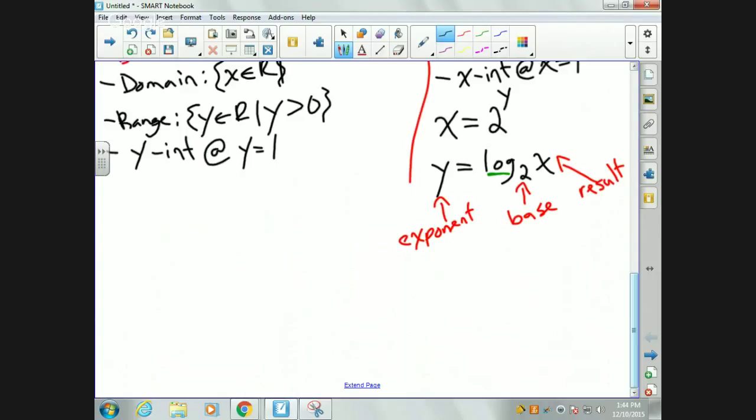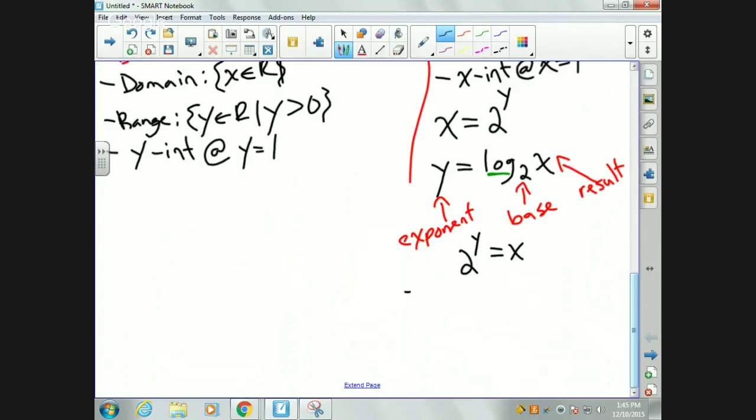I know that this particular notation is new to you, and it's going to take a little bit of time to get comfortable with it. But what this notation means, in a way that you're used to, is that if we take 2 and raise it to the exponent y, we're going to get x. Well, that's just what we had right here. So 2 to the y is equal to x. Just a different way to write it.